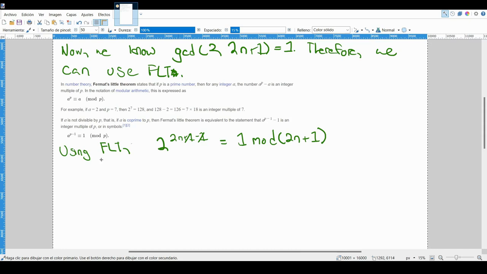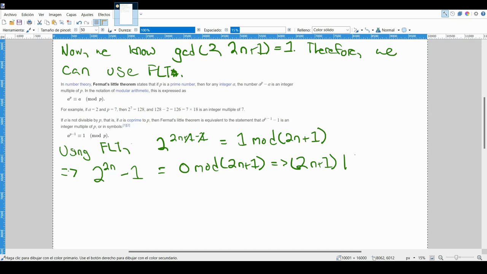An equivalent statement here is that 2 to the power of 2n minus 1, because we're moving this to the other side, must be congruent to 0 mod 2^n plus 1, which means 2^n plus 1 must divide 2^(2n) minus 1. We can expand 2^(2n) minus 1.